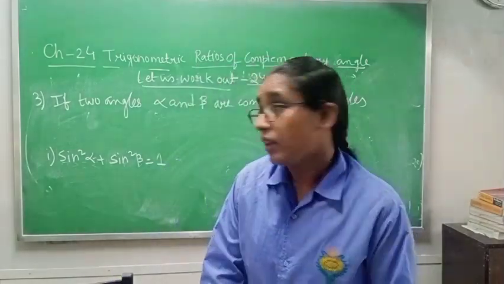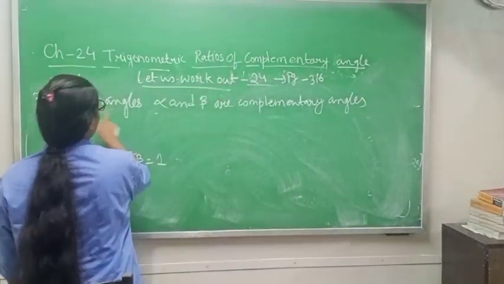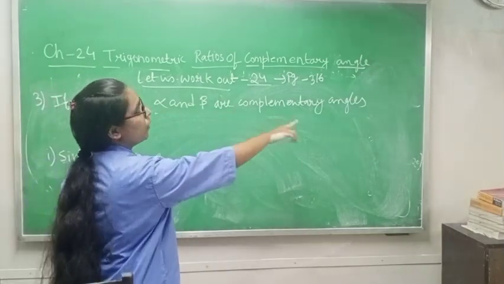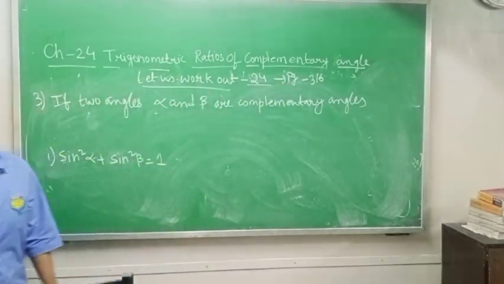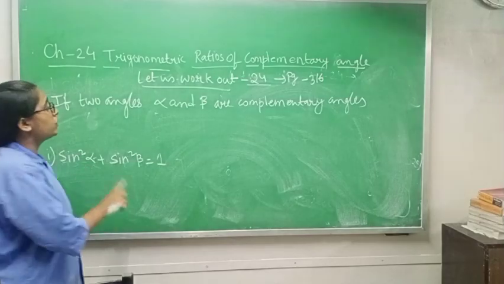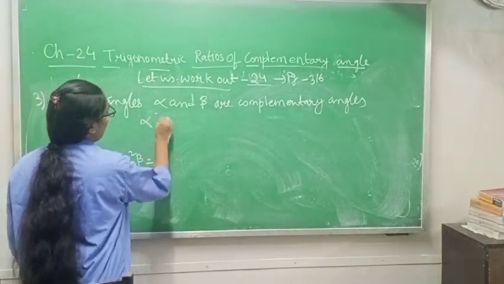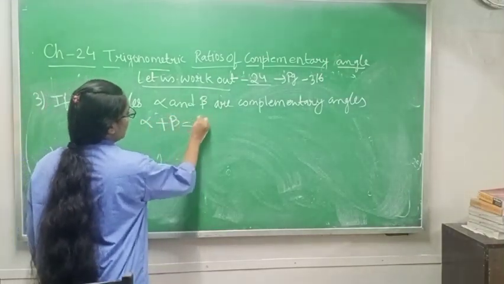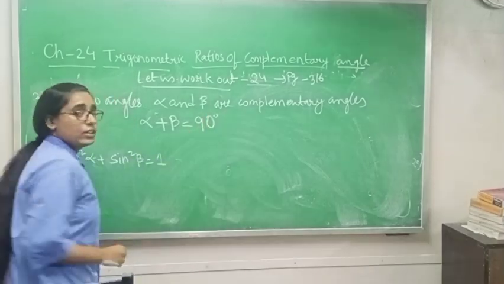Okay, so first from this sentence, if two angles alpha and beta are complementary angles, what are you understanding? That the sum of the two angles, alpha plus beta, will be 90 degree. Understood?